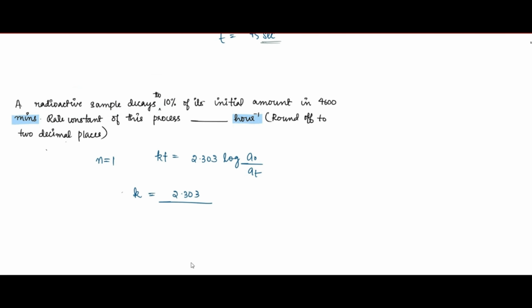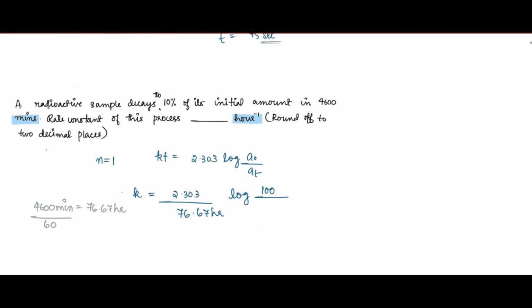To convert to hours, what do we do? You will divide it by 60. Right? So 4,600 minutes divided by 60 is 76.67 hours. So I'll put 76.67 hours, log of initial concentration 100.